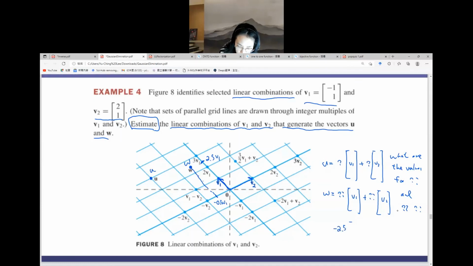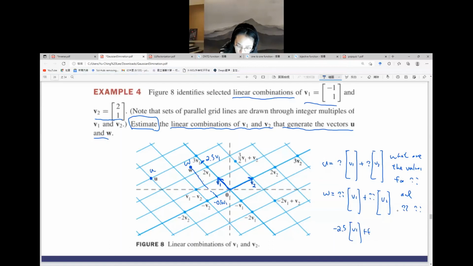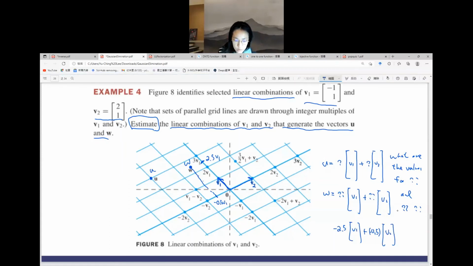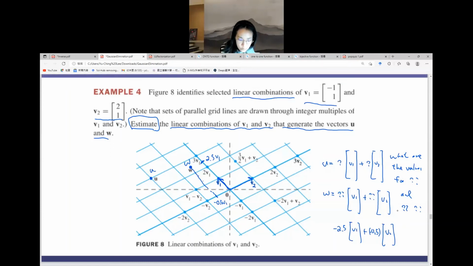So I would put negative 2.5 V1 plus negative 0.5 times V2 as the estimate of W. And for U, it's obviously exactly 3 V1.